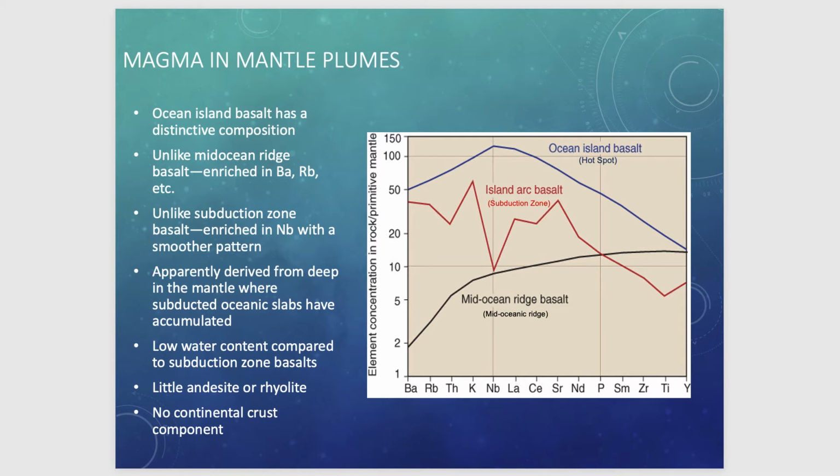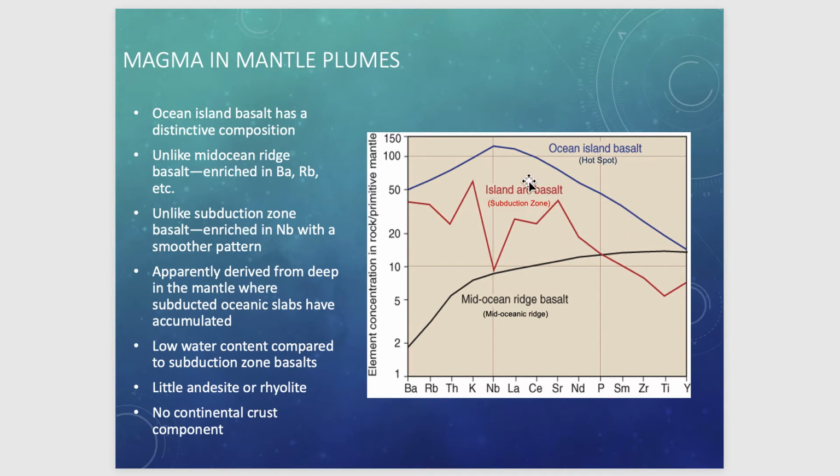So in this example you see this blue curve that shows 50-times enrichment in some of these elements that I just mentioned, which is a good way to distinguish really ocean island basalts from island arc basalts and mid-oceanic ridge basalts. Of course, there is also a trend, so ocean island basalts are more smooth.